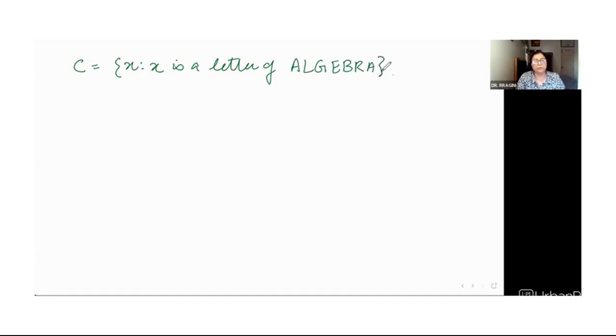To write it in roster form, see, this is a set builder form. This gives us the definition of the set. Now, when we write the elements by putting commas, we have to write the letters of this word. When we have repetitive elements in a set, we should write them once only.